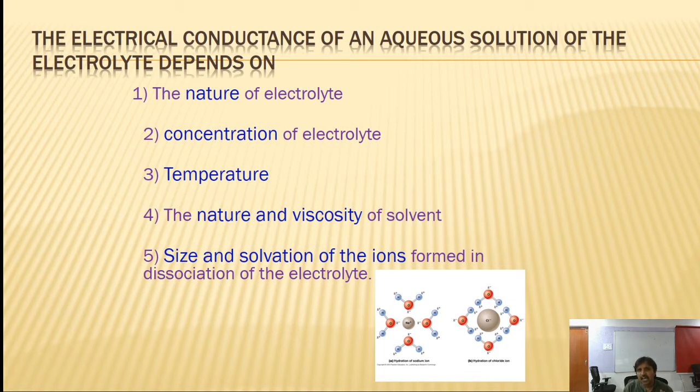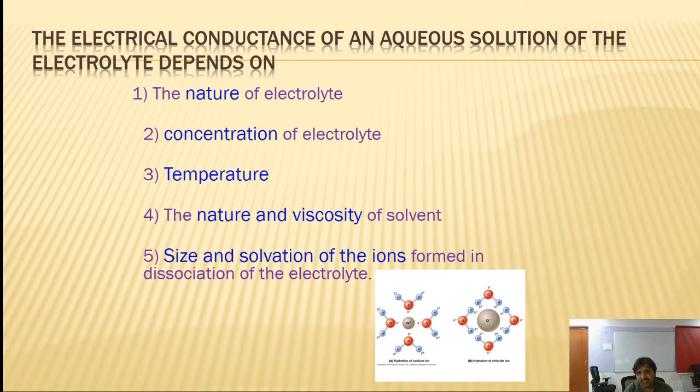And next is the solvation effect. Ions attract the solvent molecules due to their charge. You can see here the Na plus ion attracts the water molecules, because Na plus attracts the polar covalent molecule, with oxygen coming close to the Na plus ion.